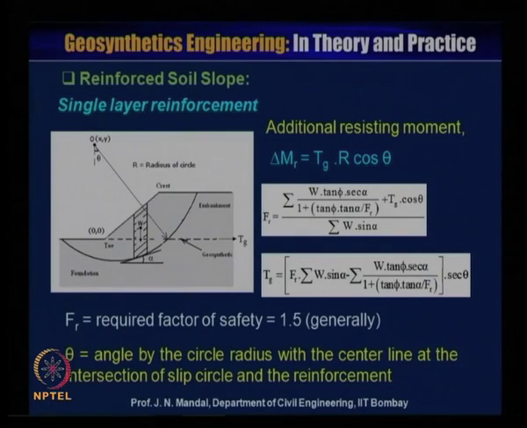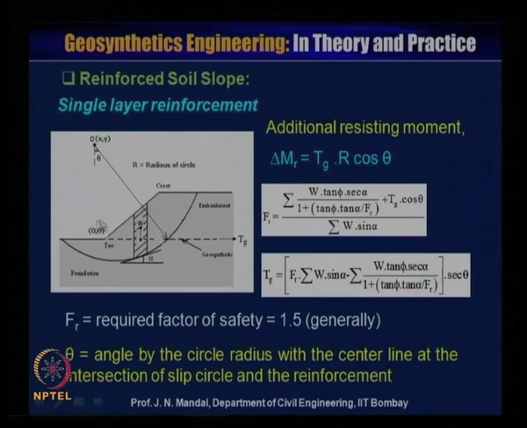Now, in the case of the reinforced soil slope with single layer reinforcement, only a single layer of reinforcement has been placed in the embankment and the foundation soil. This is a single layer reinforcement whose tensile strength is equal to Tg, and this is the center of the circle x, y, which makes an angle to the vertical, theta.